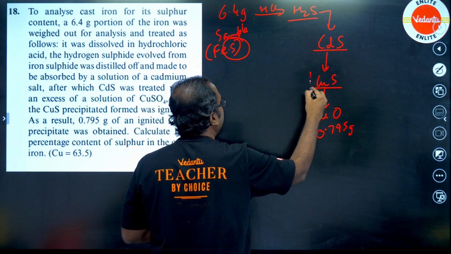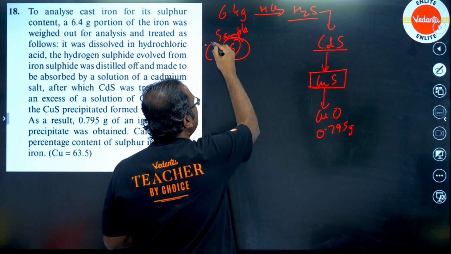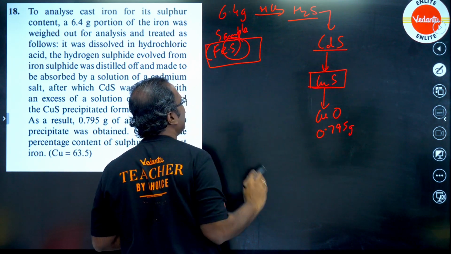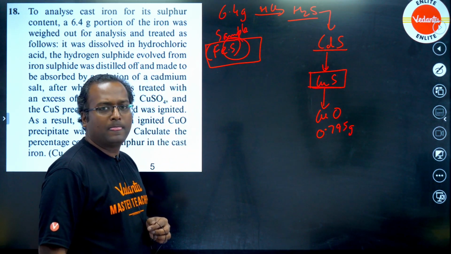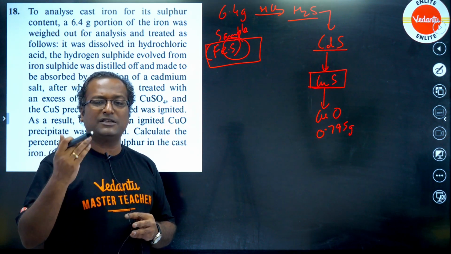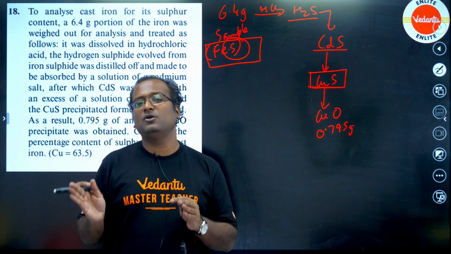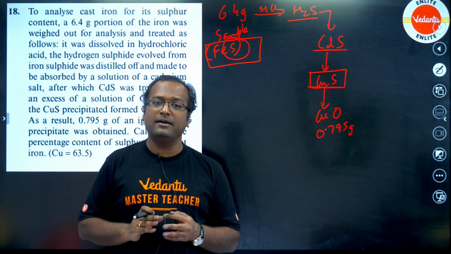That means if I can estimate how many moles of sulfur are present here, the same moles of sulfur are present in your reactant, because sulfur was traveling ahead from FeS to H2S, H2S to CdS, CdS to CuS. So till CuS the sulfur is maintained.